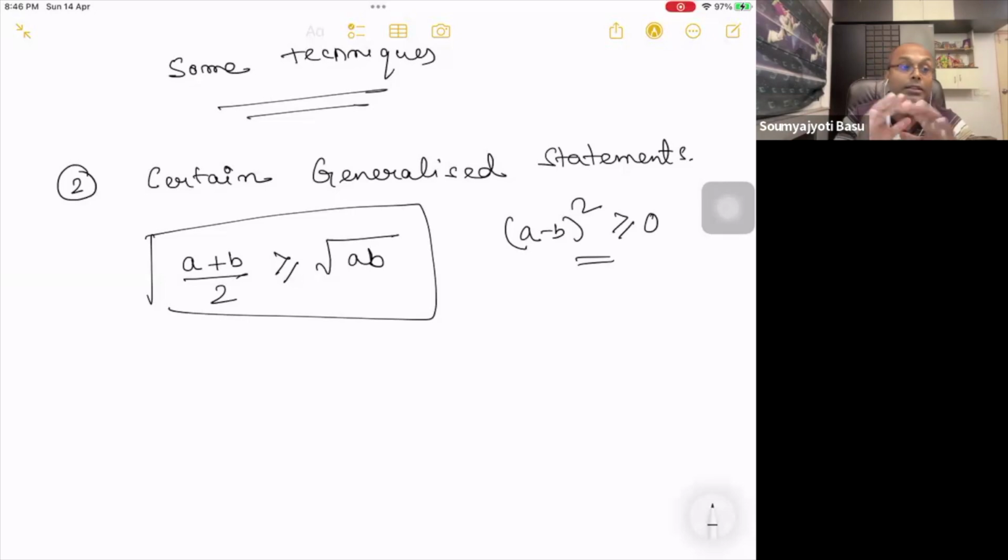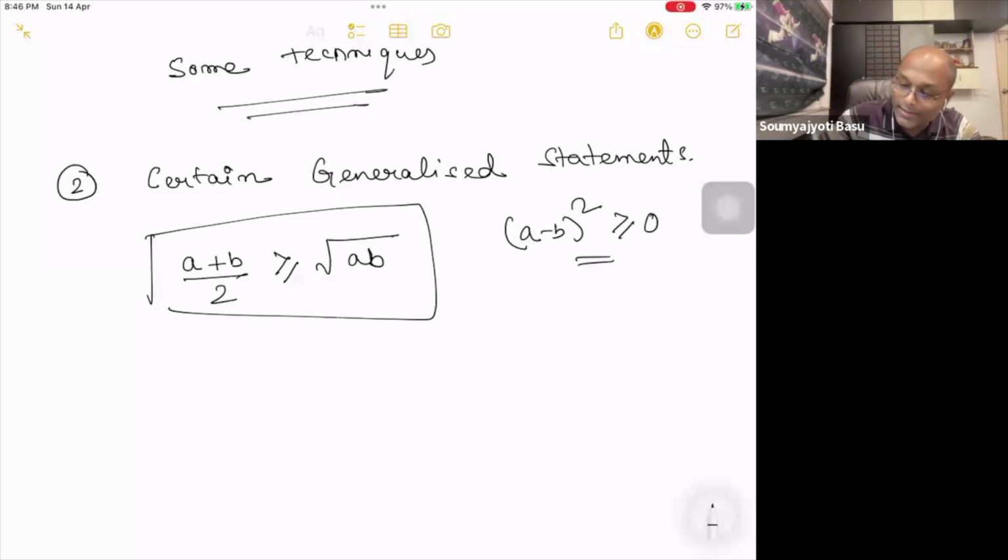But this second type of inequality, the generalized statement ones, can be really complex. Some of the inequalities are really complex, and you need to understand the behavior of numbers quite well. Of course, there are some starting points like this, (A minus B) whole square greater than or equal to 0. You need to know the various starting points which help us in getting to the end result of inequalities.